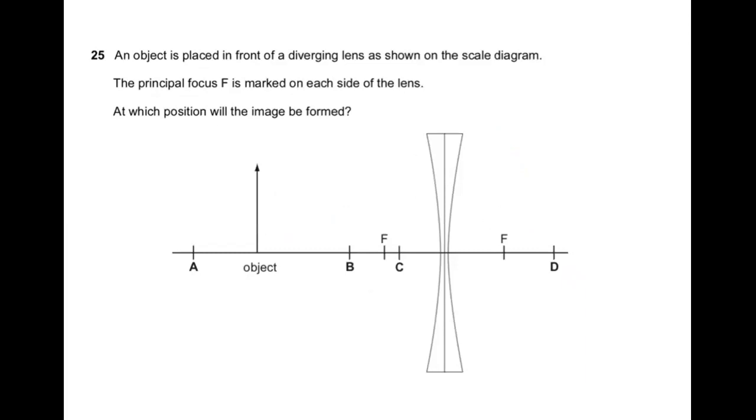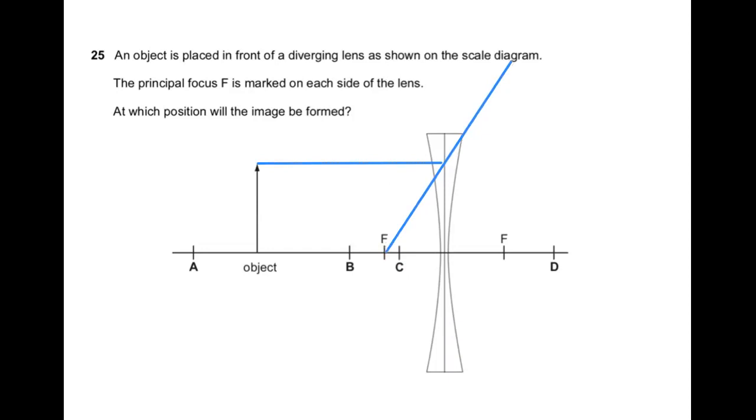The first ray will go parallel from the object till the principal axis of the lens. And from there, it will diverge such that it seems that it is coming from the point F. So it will go like this.